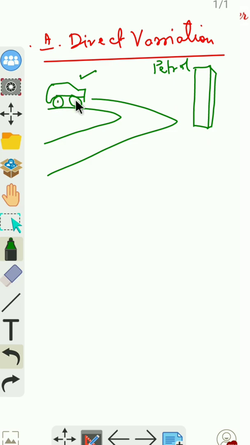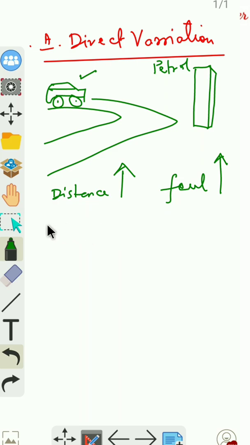If this van travels more distance, if the distance travelled is more, then the fuel needed will be more.